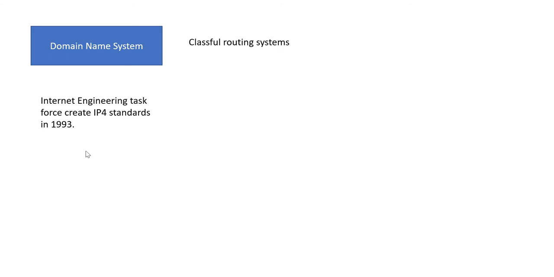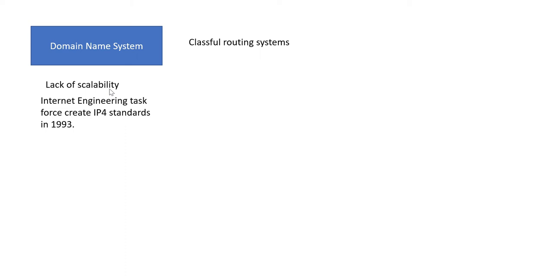For now, just assume there are two ways of routing: classful and classless. The way the classful was routing is through the usage of the DNS names, and because of that, there was a lack of scalability. You cannot scale beyond a certain limit.